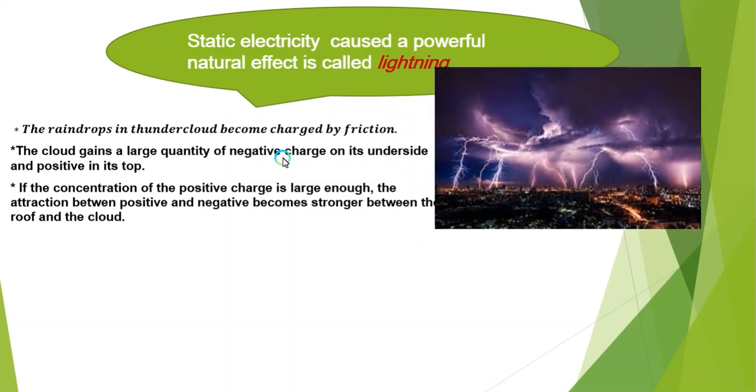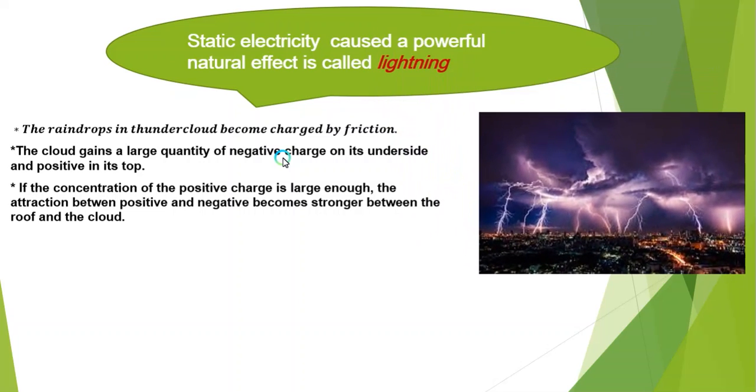The concentration of positive charge is large enough that the attraction between positive and negative becomes stronger with the roof of the building. For example, if we have a building here, the roof will be positively charged and the cloud will be negatively charged. So the distance is so near, and the attraction between positive and negative becomes so strong between them. That's why lightning is formed.